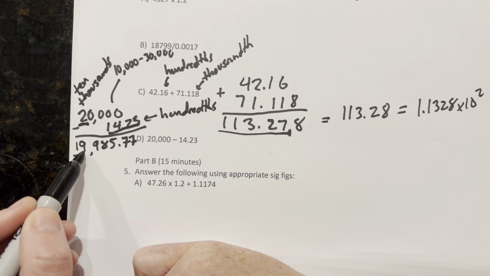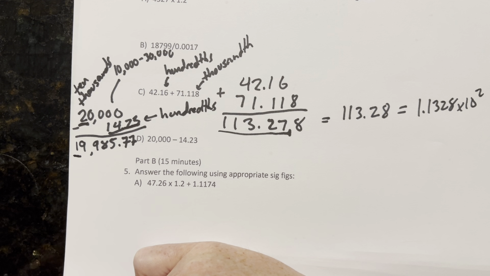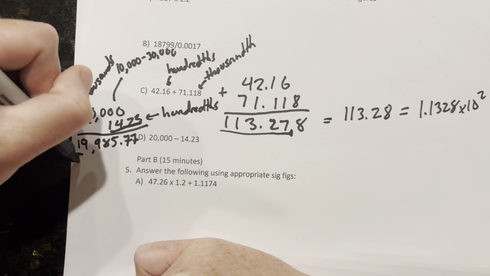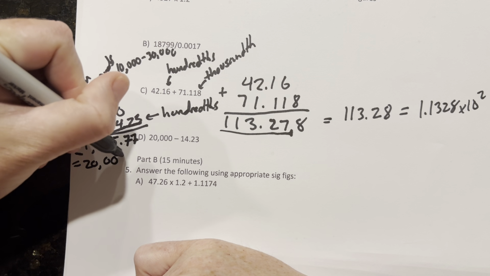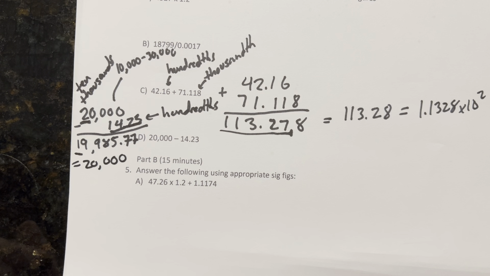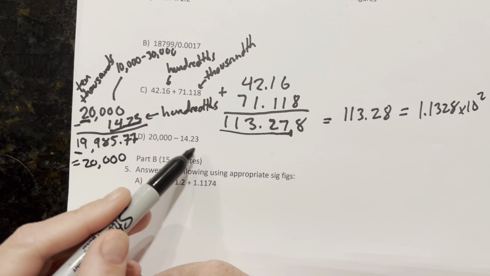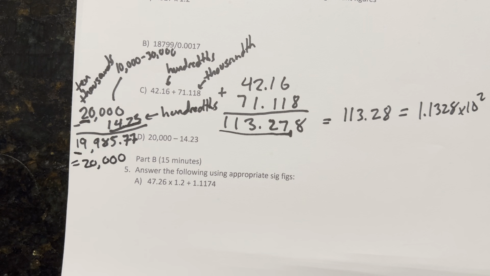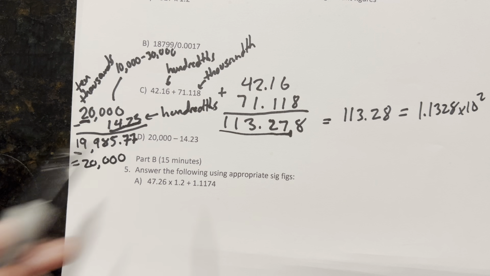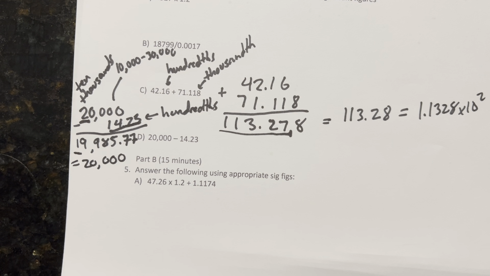Ask if the number next to it is a 5 or greater, and it is. In that case, we're going to have to round up, and that will give us our answer of 20,000. In other words, you could have taken away a lot. You could have taken away hundreds, and it would have still been 20,000 because we only know, again, up to the 10,000ths place, and therefore any reported answer will have to be up to the 10,000ths place.